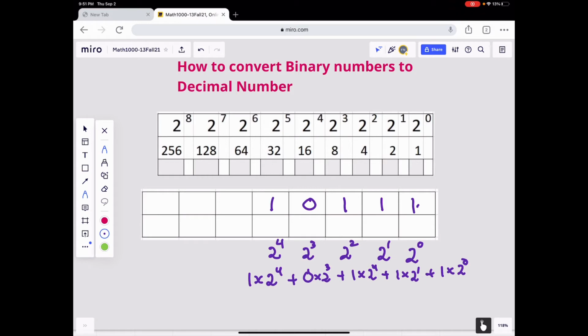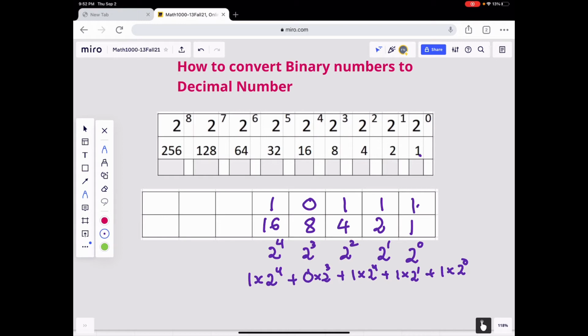And we already know the decimal equivalents are right here, so I can just write them out: 1, 2, 4, 8, and 16. Now if I look at this one, I multiply by 8, and 0 multiplied by any number equals 0.